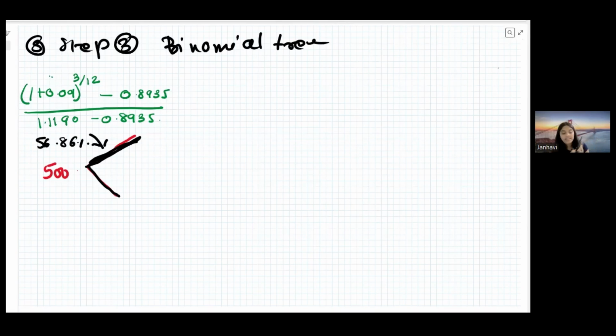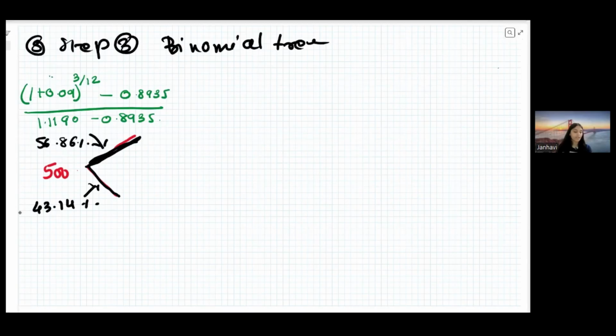So here you are getting 0.5686, and 1 minus 0.5686 is 43.14. So 43.14% is your probability that it will go downwards.